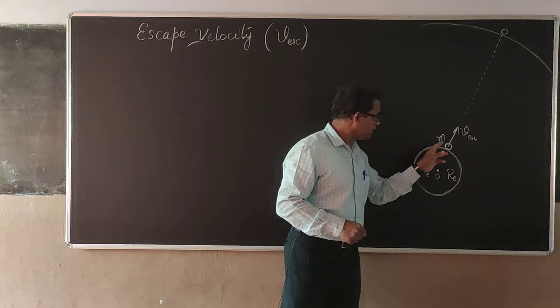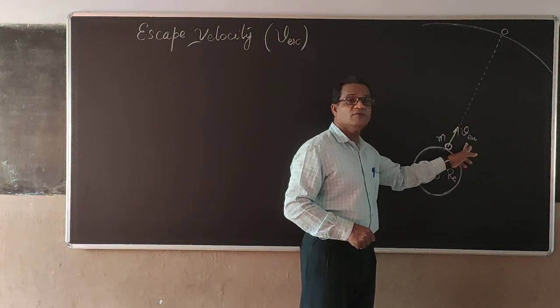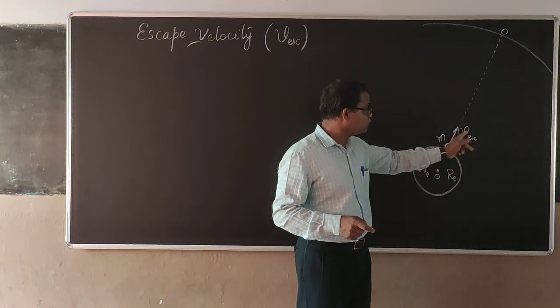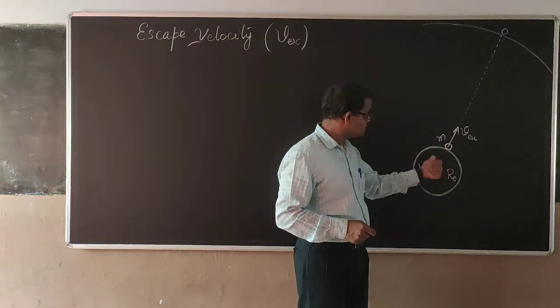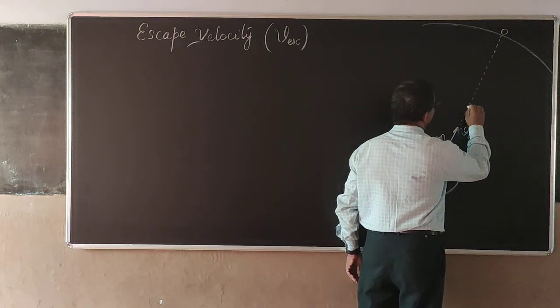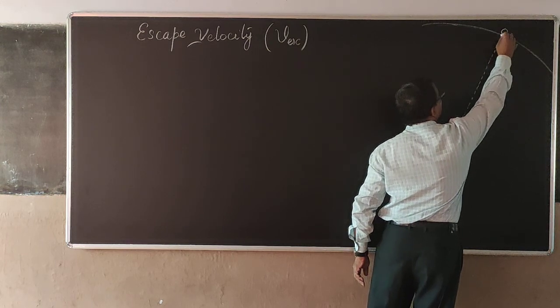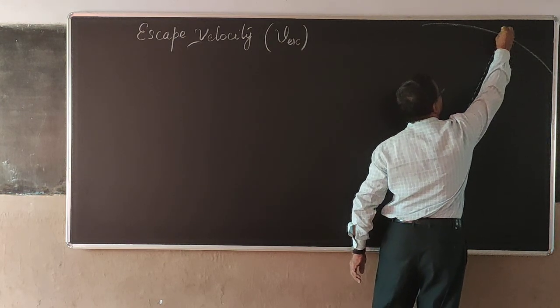So here I have a mass m and I am projecting it with a velocity equal to escape velocity from the surface of the Earth. Then the body goes up, decreasing its speed, and just manages to cross over here.